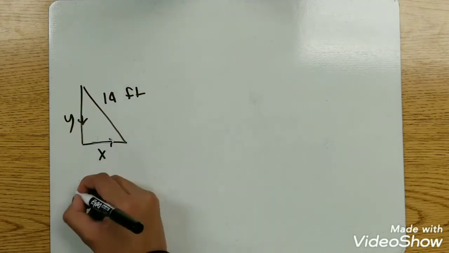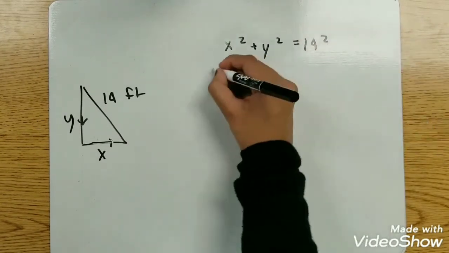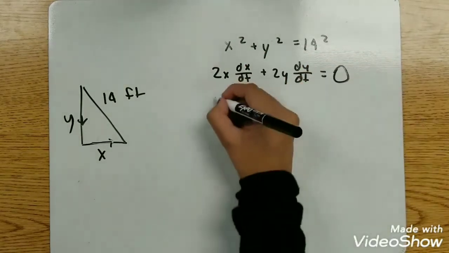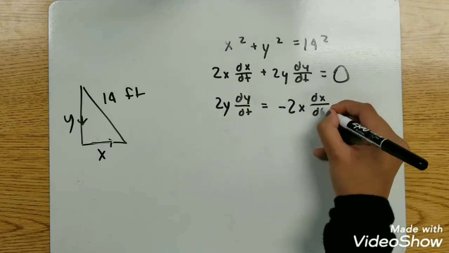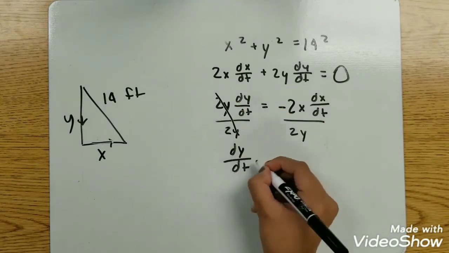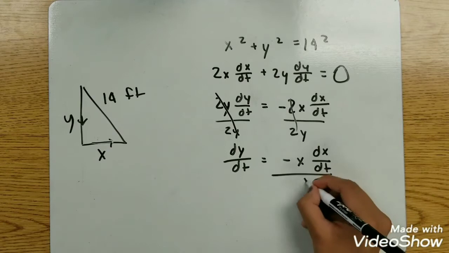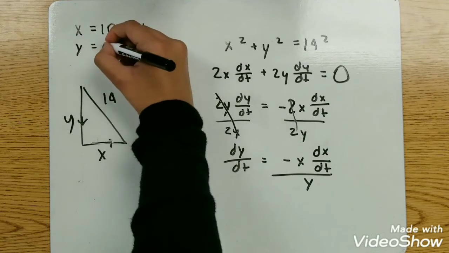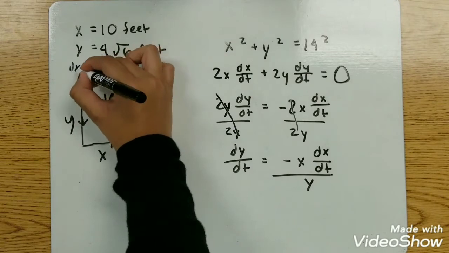Since it's a triangle, we will use the Pythagorean theorem and derive it to find the value for dy over dt. Now, isolate dy over dt. Solve for dy over dt by plugging in dx over dt, x, and the y values.